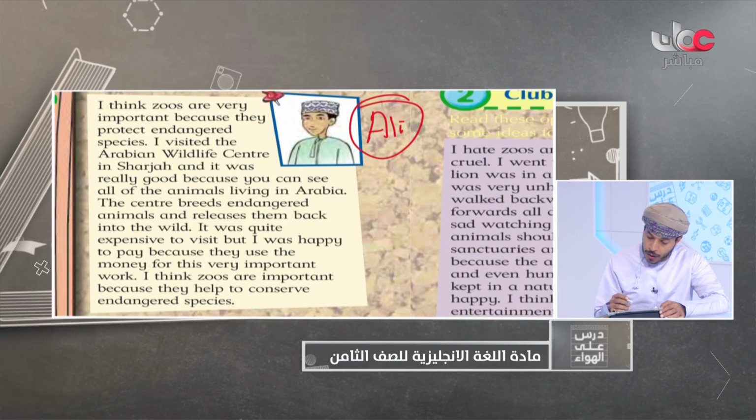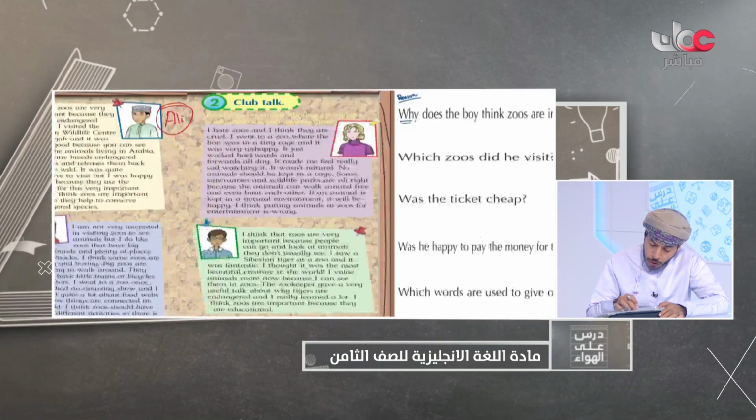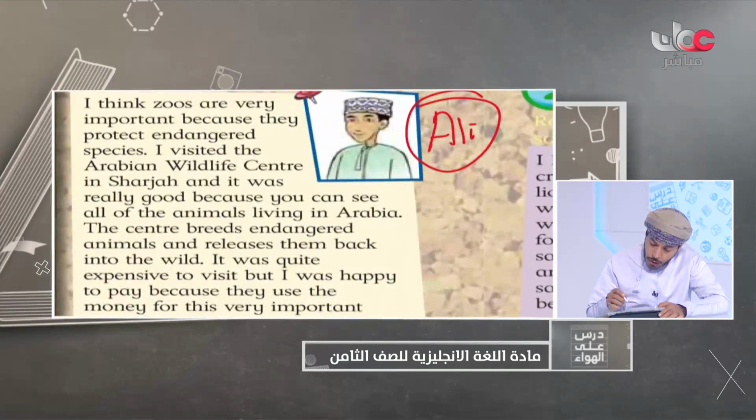Look at the explanation. I think zoos are important because, and this is to give a reason, because the question is talking about why, and why is used to give a reason. So here we are looking for the reason. The answer for this one is, because they protect endangered species.